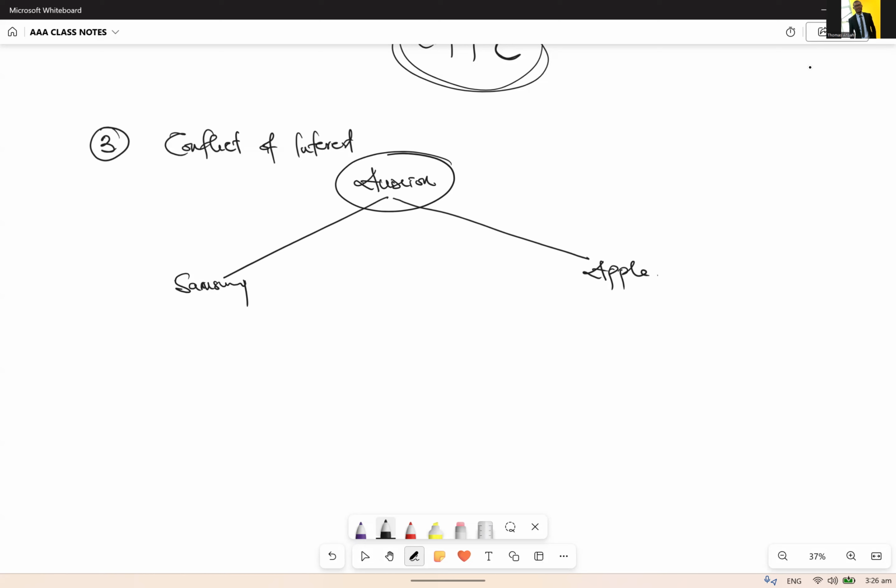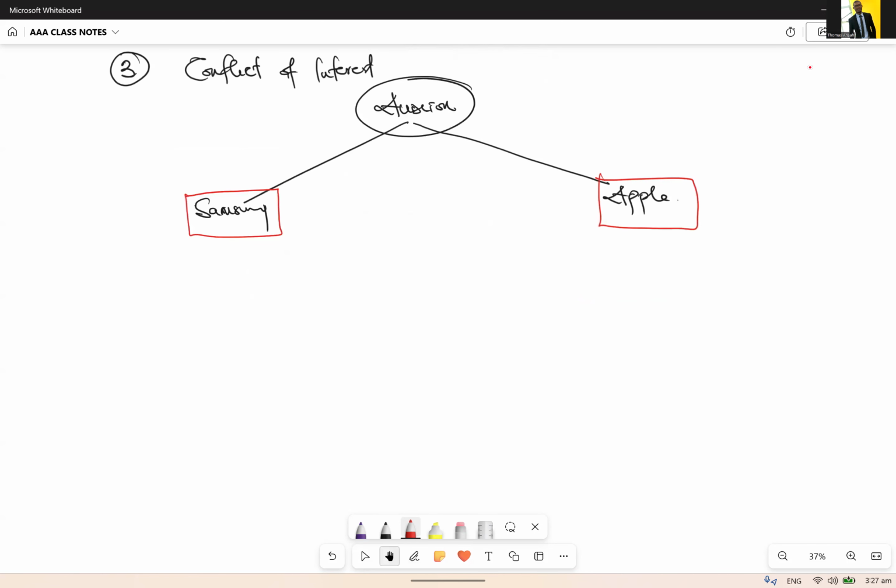That is where the issue is. You are auditing two competing clients. The danger is that any information from Samsung can make Apple benefit. So if by mistake information slipped to the other side, because they are competing, it will create a problem. So this is the situation where you apply the issues of conflict of interest.